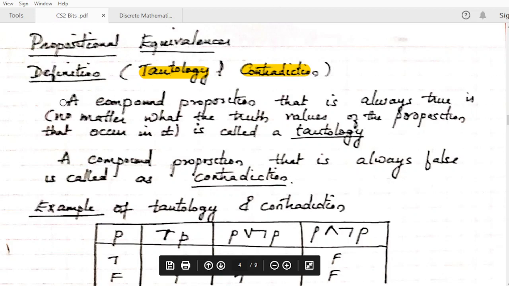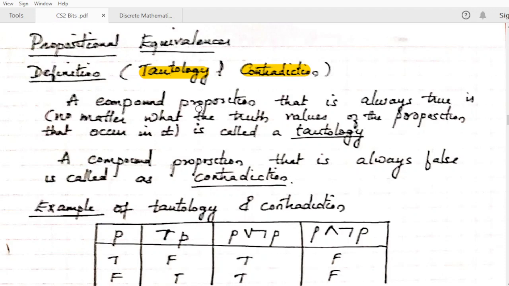First we have the definition of tautology. A compound proposition that is always true is said to be a tautology. What is a compound proposition? A compound proposition means a combination of propositions.